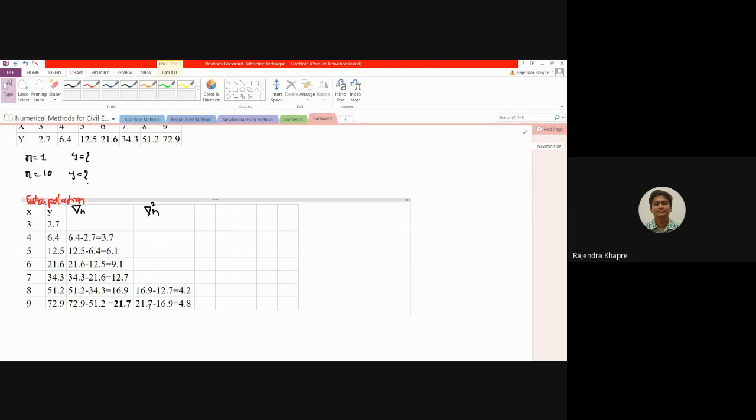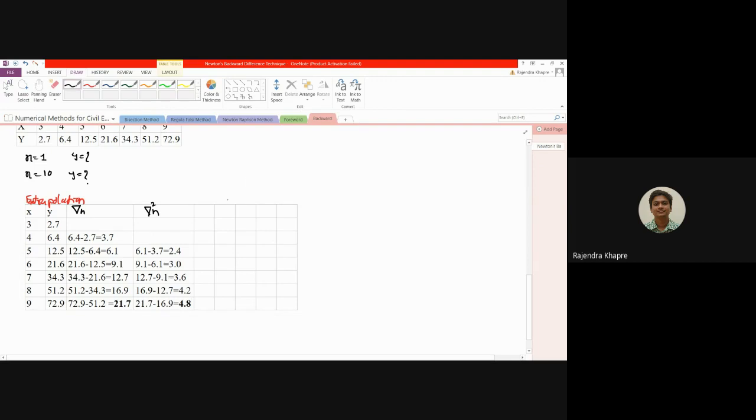Okay, this is 12.7 minus 9.1, that is 3.6. Okay, this is 9.1 minus 6.1, that is 3. Okay, and this is 6.1 minus 3.7. How much is this? 2.4. Okay, so here since we are using the backward difference method, we will be using the last value.